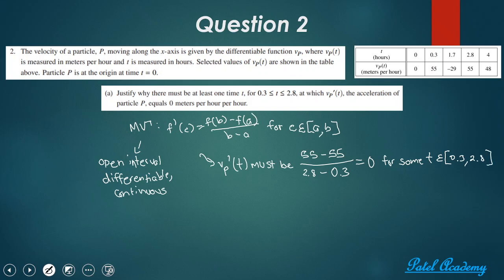Now I am using the set notation. You can use the interval notation as well if you want. It doesn't matter as long as you get your point across that we use the mean value theorem, which is the justification, and we proved that the derivative to the acceleration has to be 0 at some point.